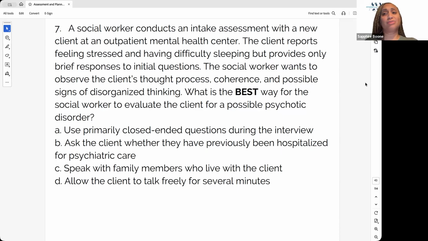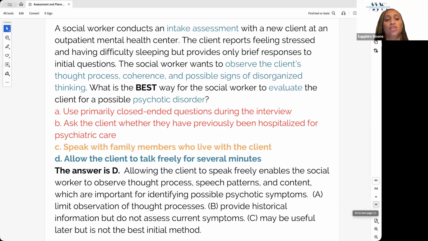Schizoid, schizophrenia. And that is an expressive, it has to do with your cognition. But in order to know what someone is thinking or if they have a skewed thought process, getting them talking is going to be the best way to figure out what's going on up here, right? Getting them to express will help us to assess. So, with that, the answer is D.